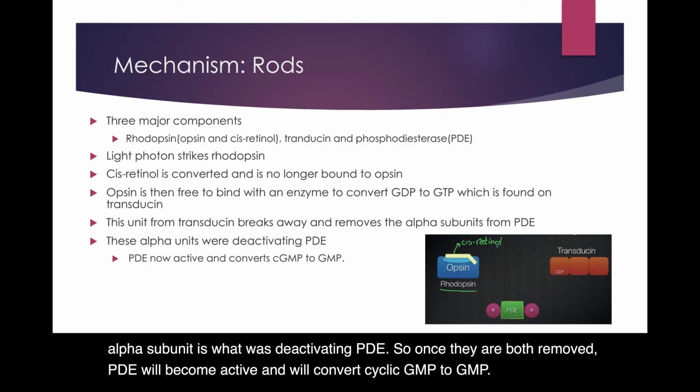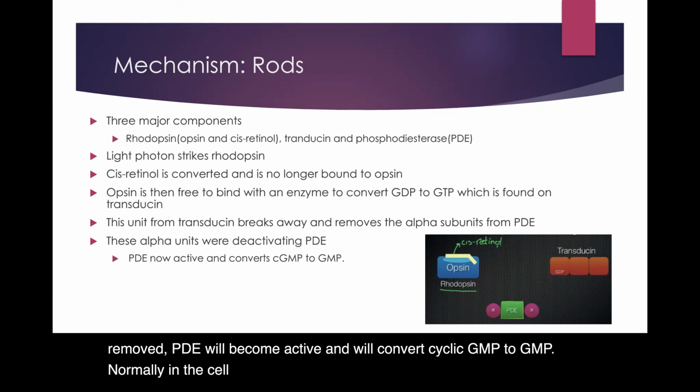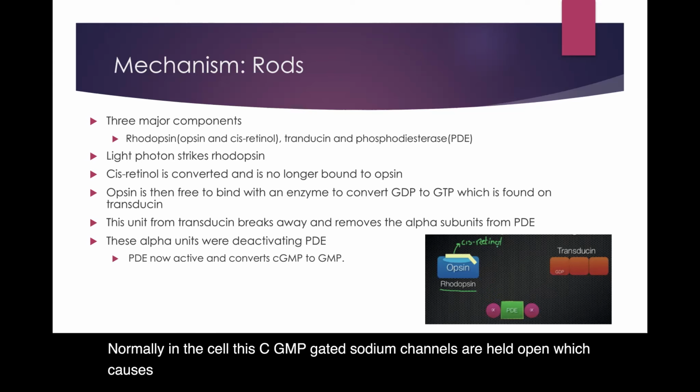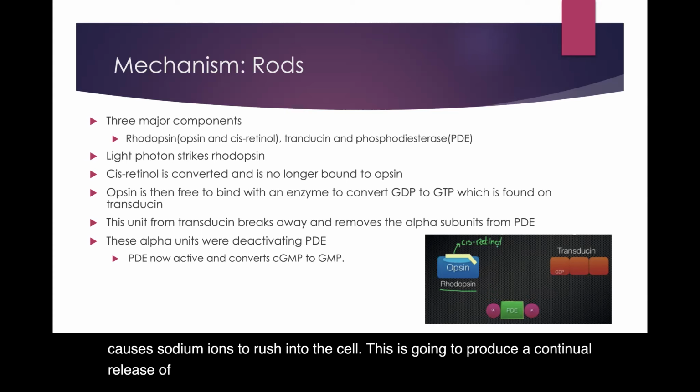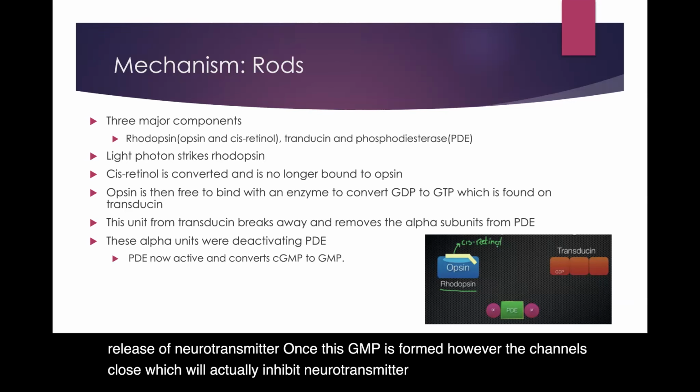Normally in the cell, these cGMP-gated sodium channels are held open, which causes sodium ions to rush into the cell. This is going to produce a continual release of neurotransmitter. Once this GMP is formed, however, the channels close, which will actually inhibit neurotransmitter from being released.